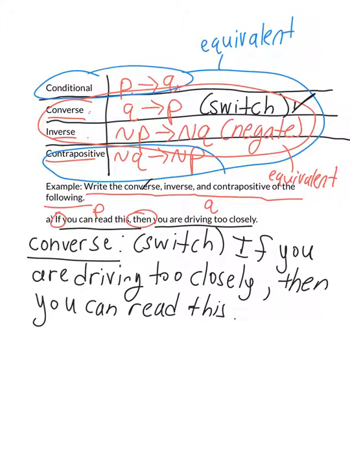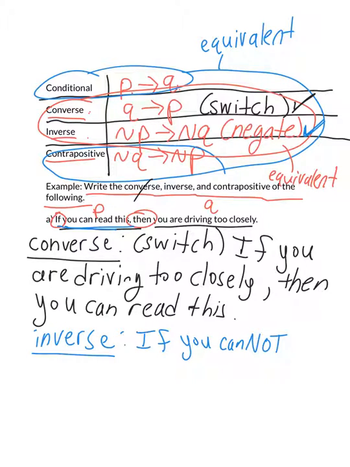Next up is the inverse. Remembering our key phrase we mentioned earlier, inverse just means to negate both the if and the then, so change them to the opposite meaning. I don't switch anything now with inverse. It becomes if you cannot read this when we negate the if portion.